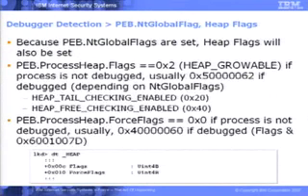But if the process is being debugged and NtGlobalFlag has a different value, the process heap flags will contain a value different from 2. Usually packers will check NtGlobalFlag and also check the process heap Flags or the process heap ForceFlags. It will check if Flags is 0 or ForceFlags is 0.